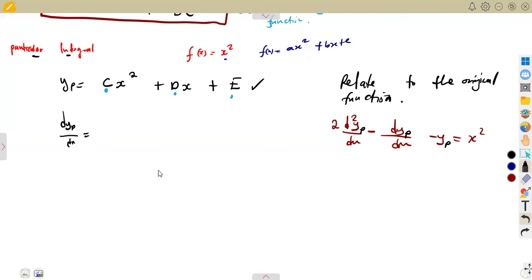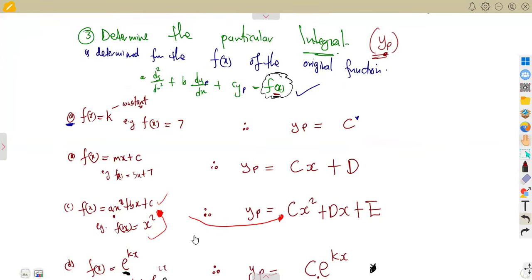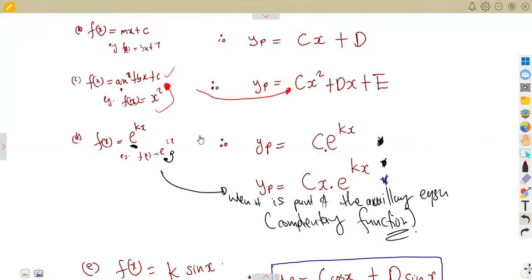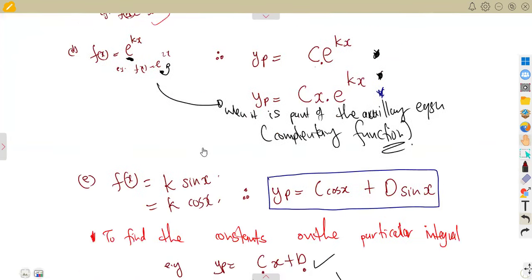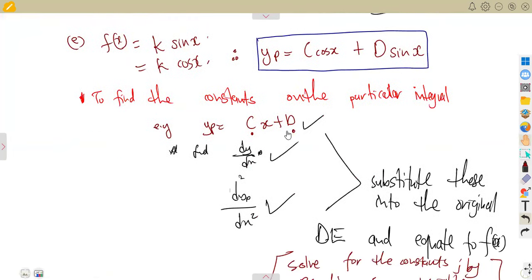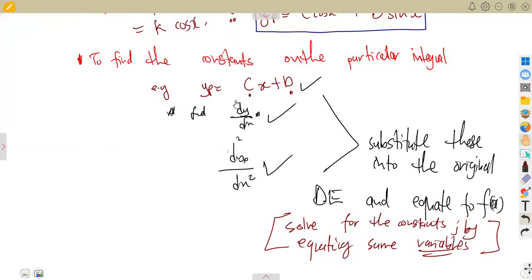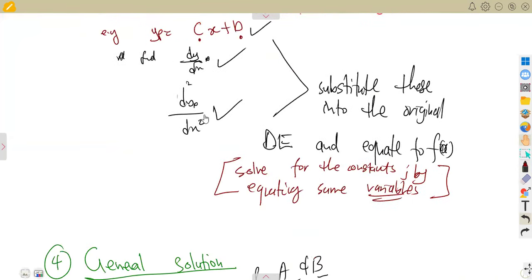With this yp that we have, in order for us to find c and d and e, whatever you're given there, you need to take that yp, find its derivative and second derivative, and substitute these into the original differential equation, and equate to f of x.